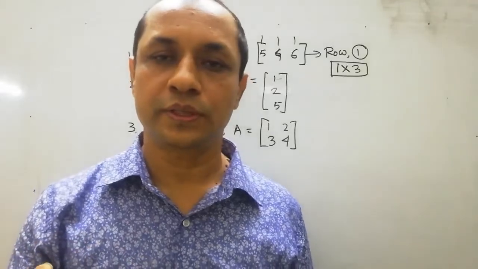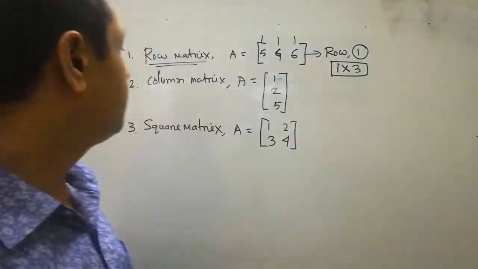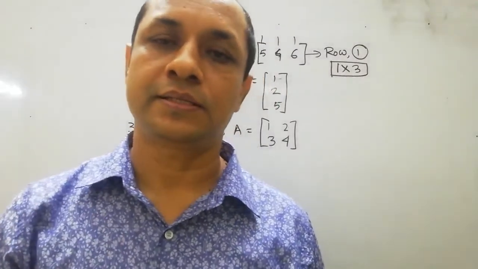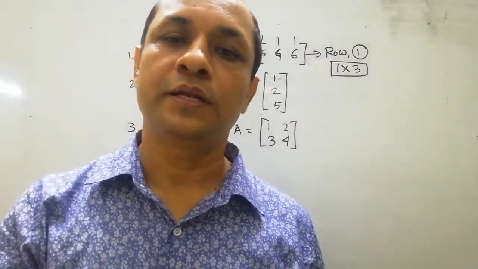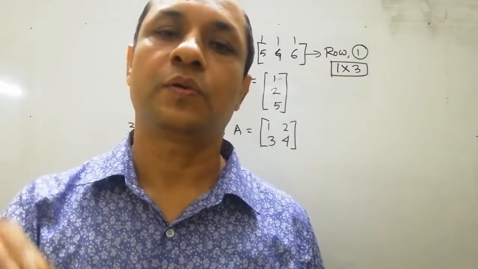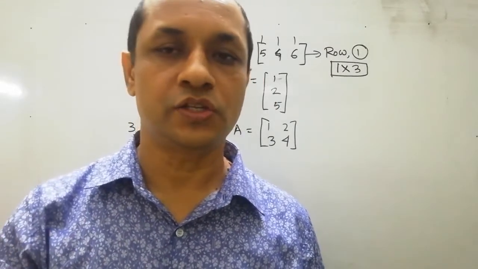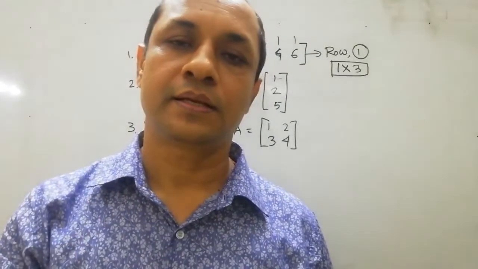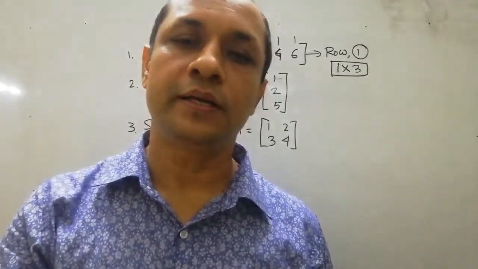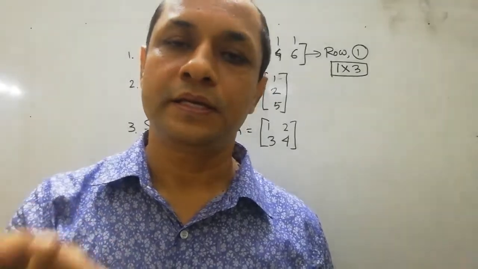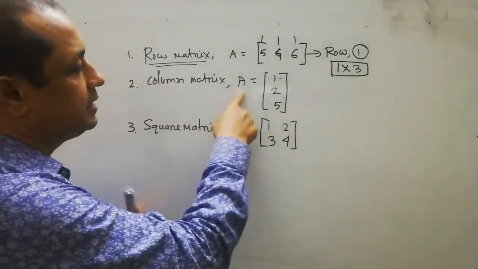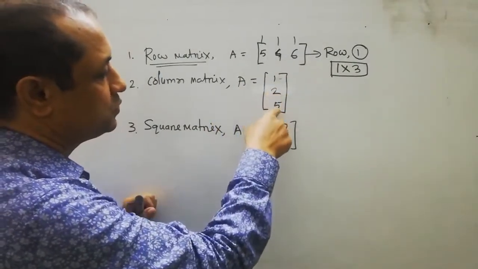Are you clear, students? Next, column matrix. What do you mean by column matrix? A matrix which has only one column is a column matrix. For example, here A equals 1, 2, 3.